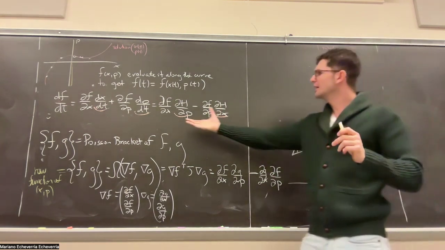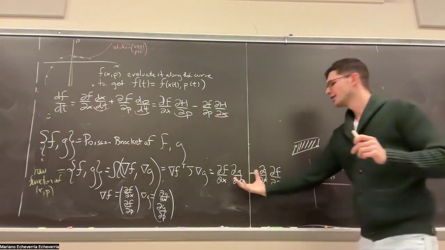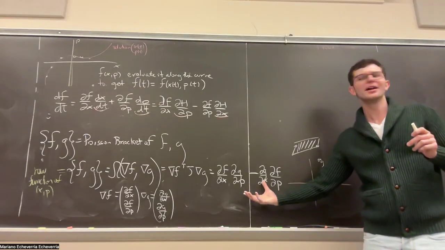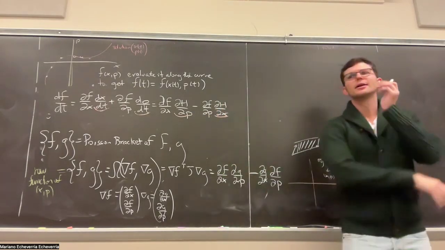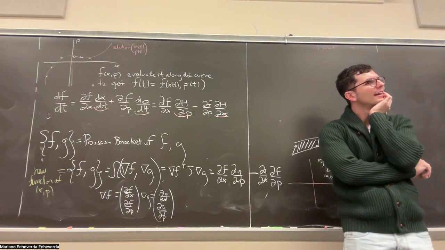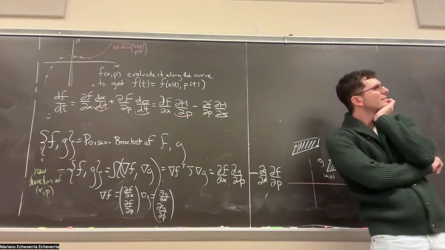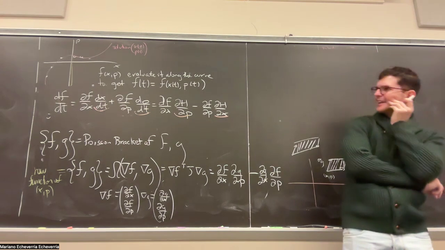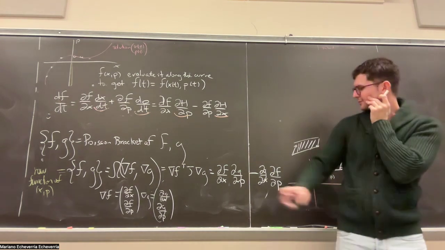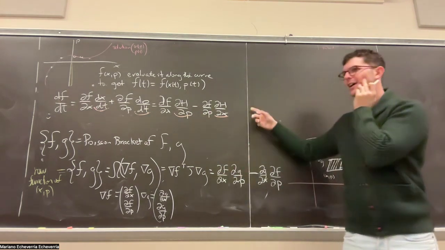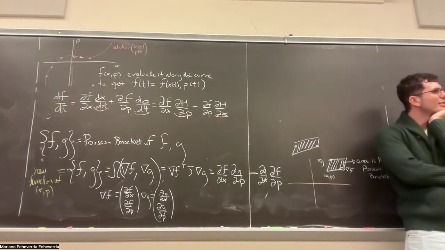So this hopefully looks familiar. This is a Poisson bracket, but a Poisson bracket of what? Between two functions, which ones? Just between f and the Hamiltonian.